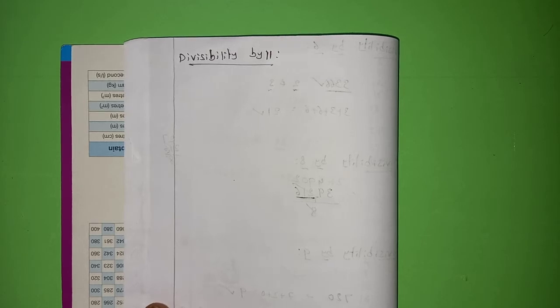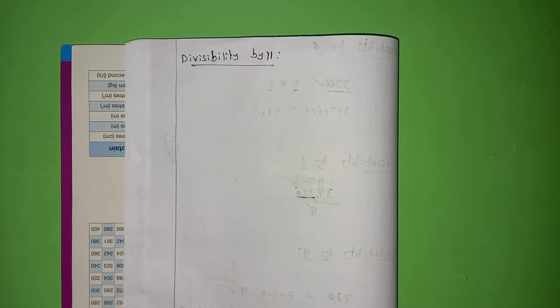Those are multiples of 11. So up to 2 digits you can understand easily. If we go for 4 digits, how can we understand whether that number is divisible by 11 or not? So I am going to tell you that trick.